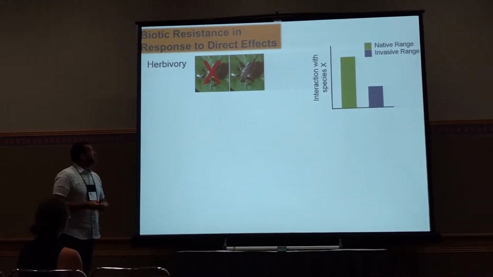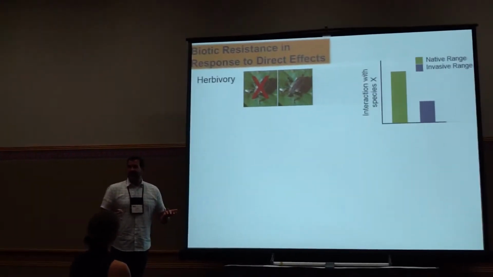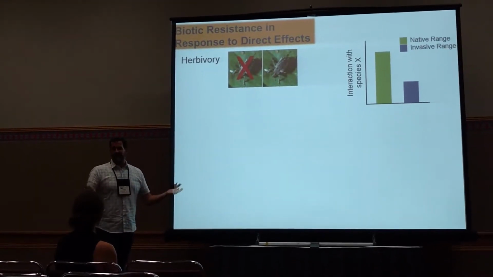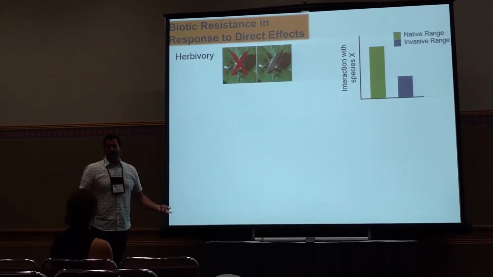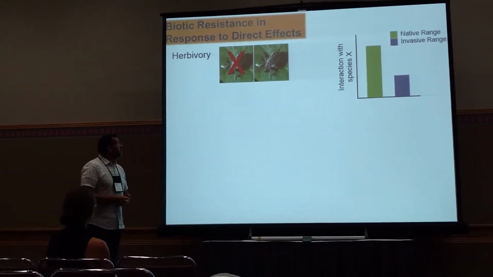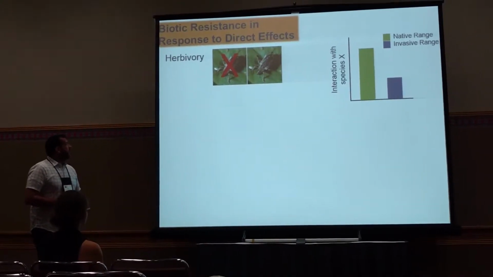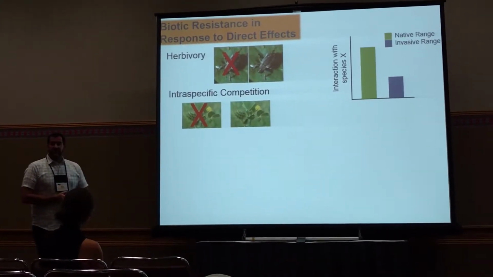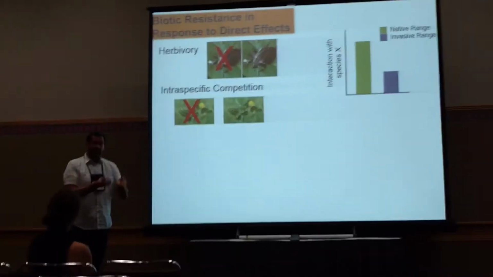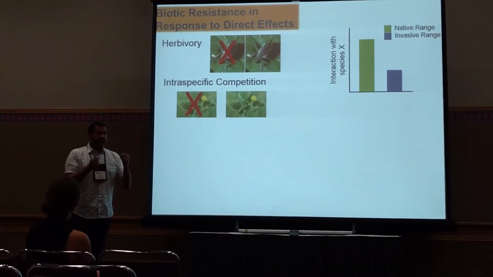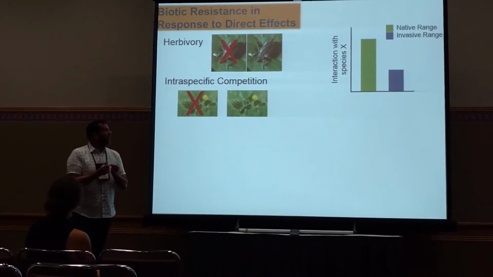So one thing that we've done is manipulate insects in the community. So we just have plots that we spray with insecticide, plots without insecticide, and we have replicate plots with replicates of replicate genotypes in those plots. We've also looked at intraspecific competition. So either we have Medicago growing by itself, like one plant per pot, or Medicago growing two plants per pot.